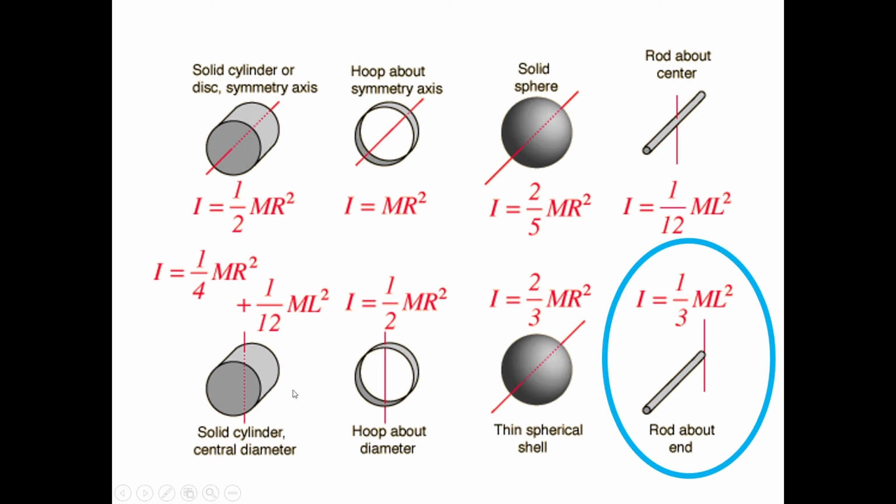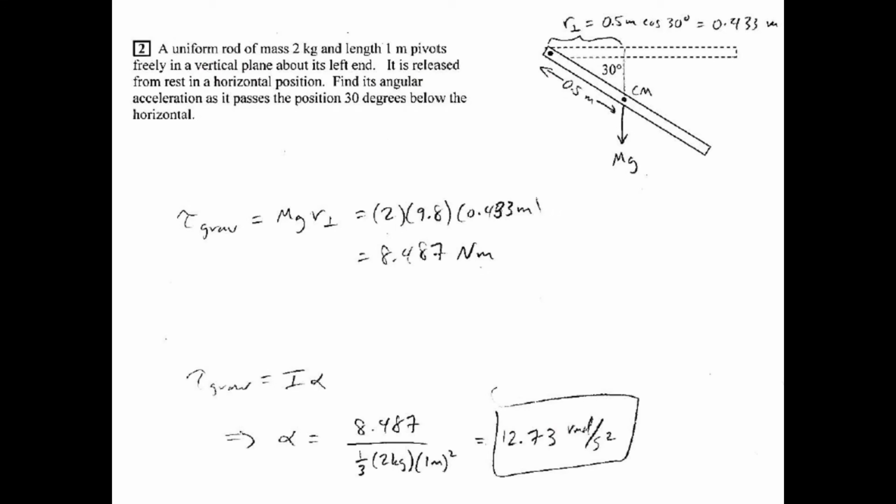Rod pivoted about an axis at one end is 1/3 ml squared, where L is the length of it and m is its total mass. Therefore, when I solve for alpha, I get the gravitational torque divided by I, which is 1/3 ml squared. And putting that all together, I get an angular acceleration of 12.73 radians per second squared. Now, one thing to notice is where that angle theta came into here.